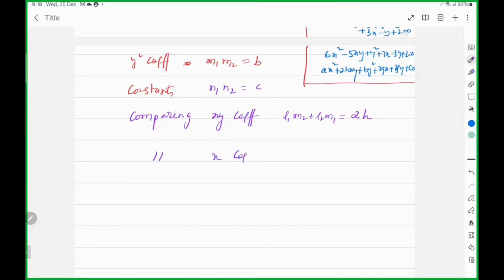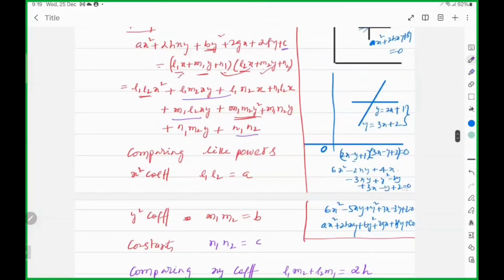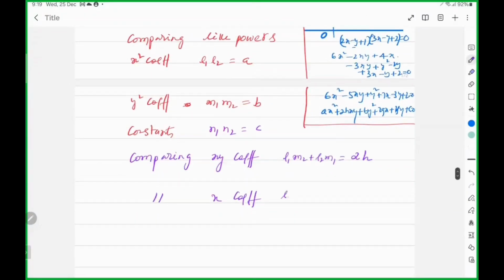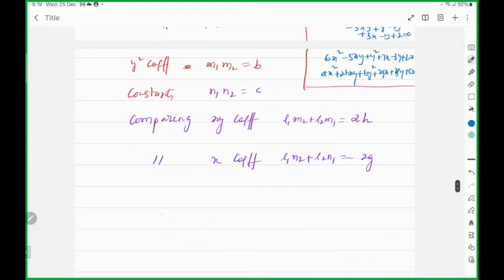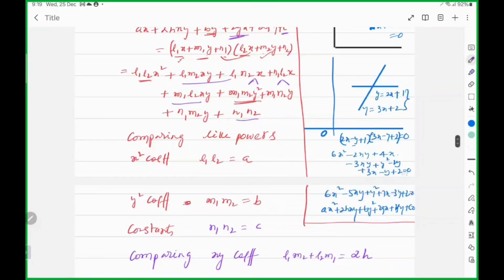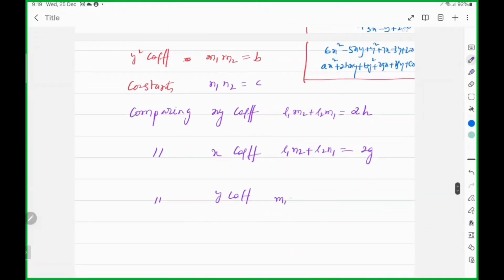Comparing the x coefficient, L1N2 + L2N1, which is 2g. Comparing the y coefficient, M1N2 + M2N1, which is 2f.